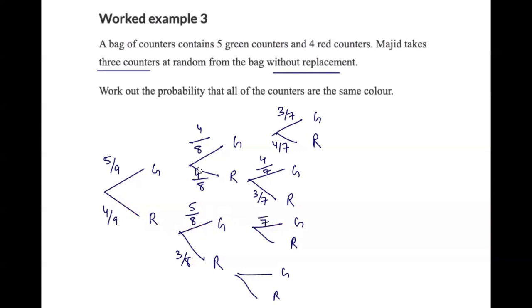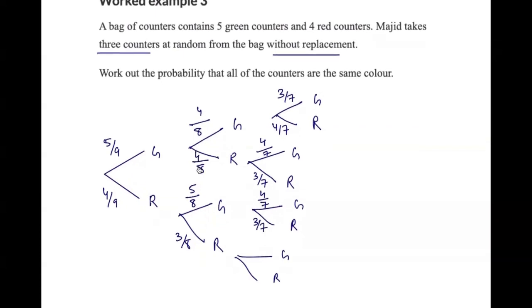There are going to be 7 counters in the bag. 1 green has already been taken out, so it's going to be 4 upon 7. So the next one, the probability of getting a red counter in the third trial is going to be 3 out of 7. Okay. If both the red counters have been taken out, now there are 5 green counters in the bag out of 7, and that's going to be 2 upon 7.